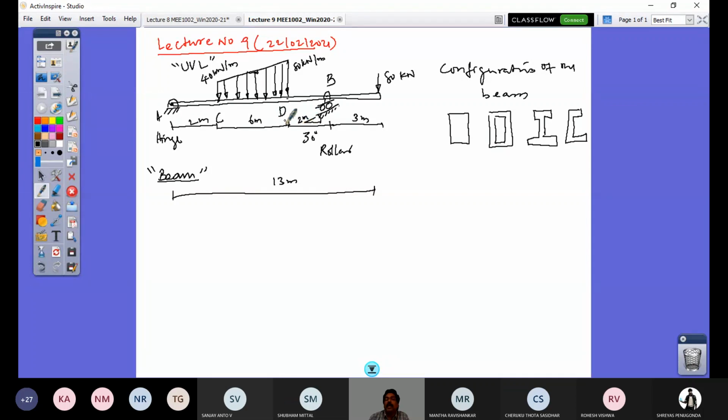Beams are horizontal members used to carry the load and transfer the load to the supports, and they have different sections. The section properties are very important, and we will focus on them in a separate later module of our course.